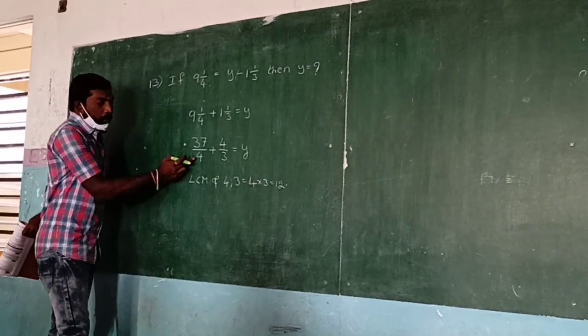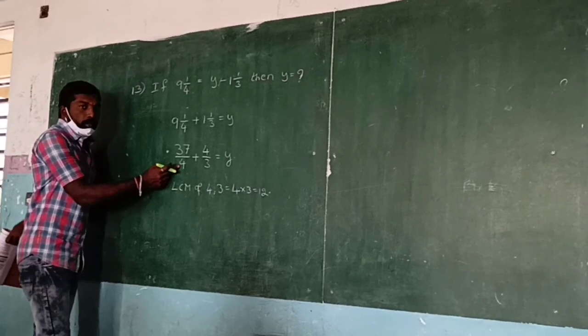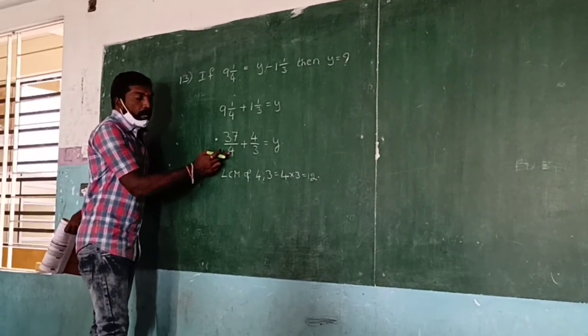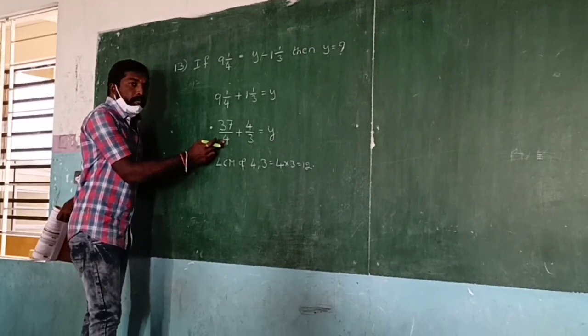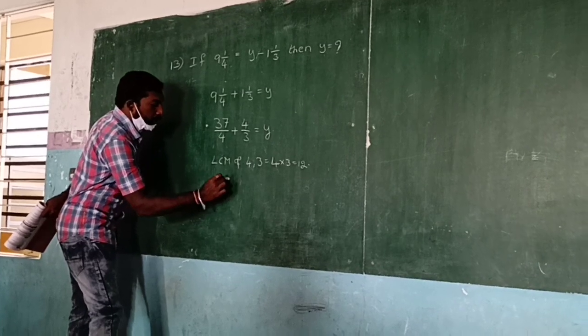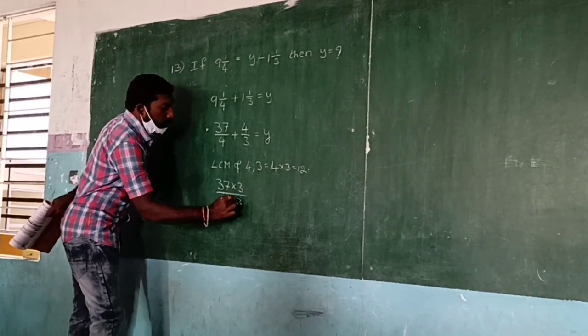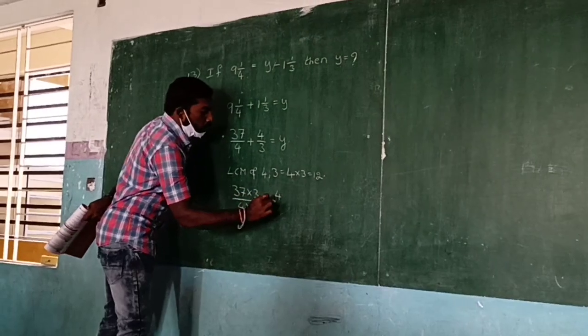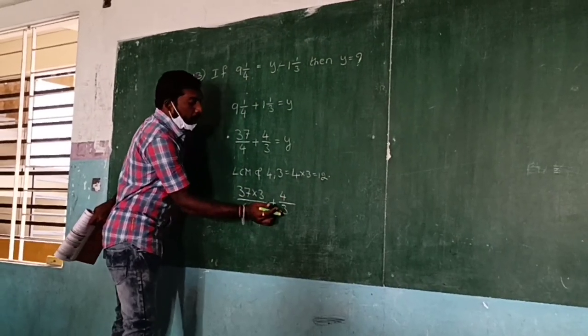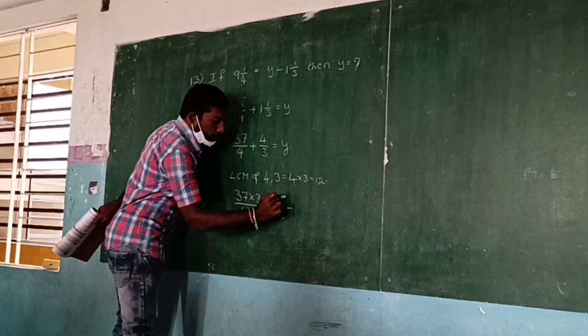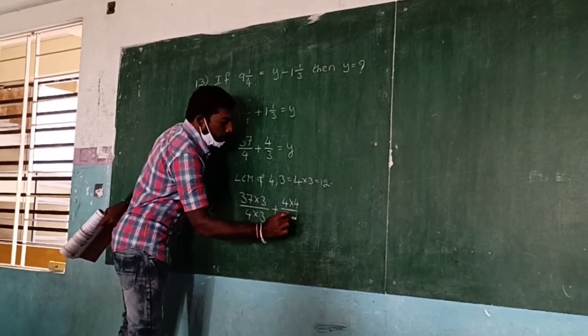So here what is the denominator, nana? 4. So I have to get here 12. With what number you have to multiply? 3. So 37 into 3 by 4 into 3 plus 4 by 3. Here denominator is 3. So you have to multiply with 4 into 4.